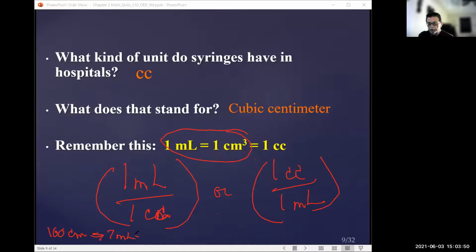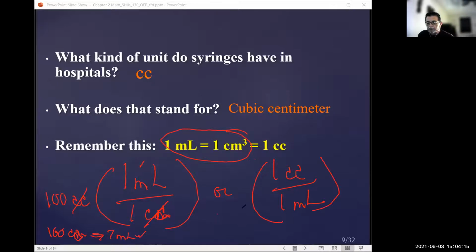And since I'm looking for milliliters, I need milliliters in the numerator. Why? Because I'm going to multiply this factor by 100 cc's, okay? Because my units will cancel.